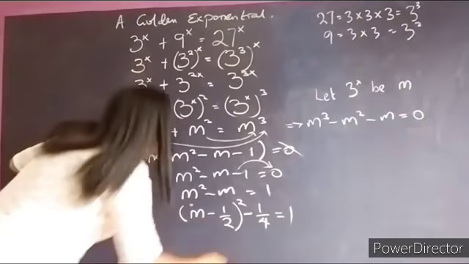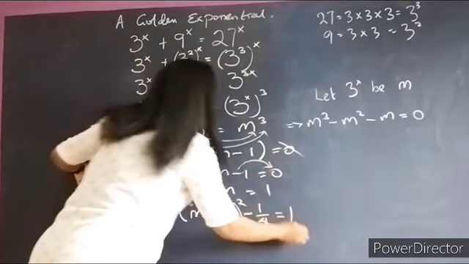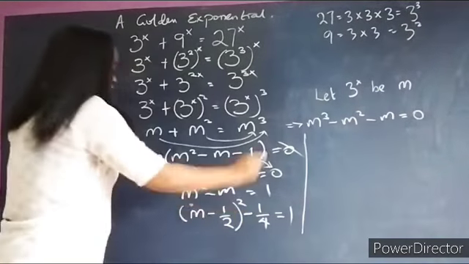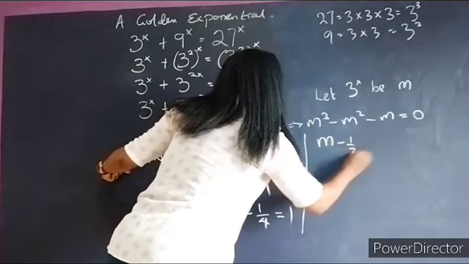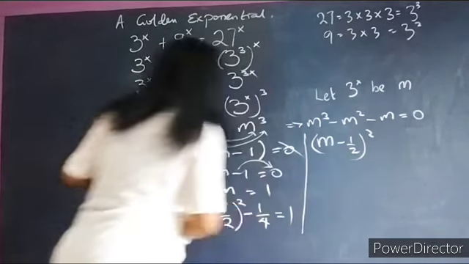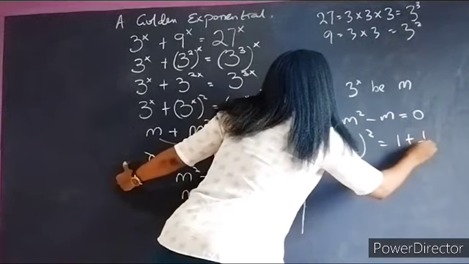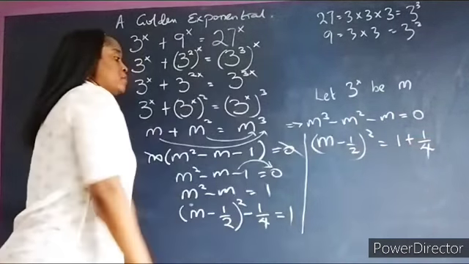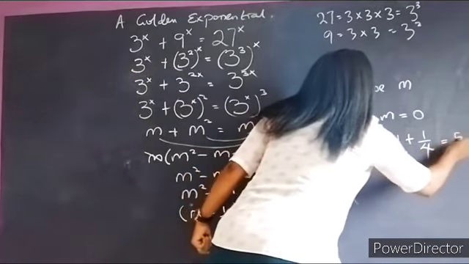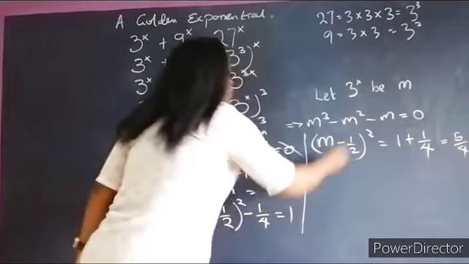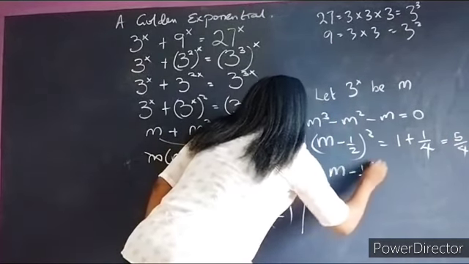Let's move on to this side. We're going to say m minus 1 over 2 squared, alright, equal to 1 plus 1 over 4, right? So this will give us 5 over 4. So we say m minus 1 over 2.